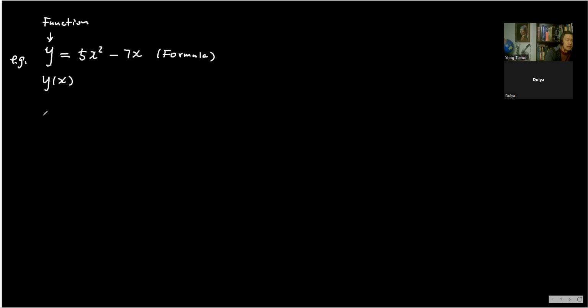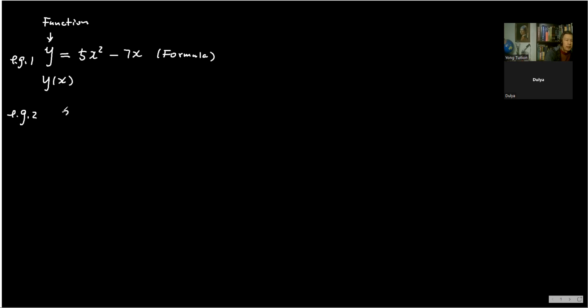Here's a square root of y, or something simpler. This is similar to the inverse function. So sometimes we have no formula.